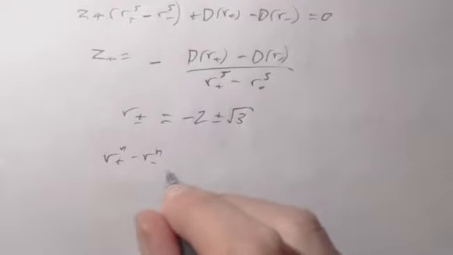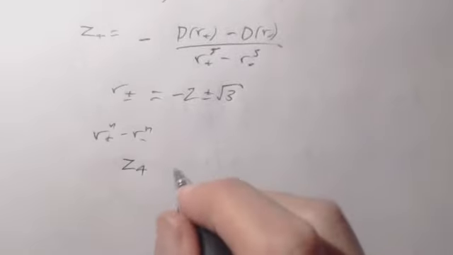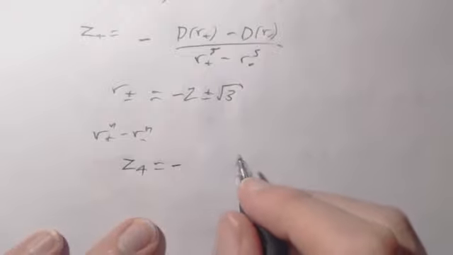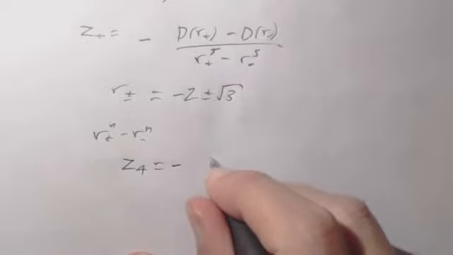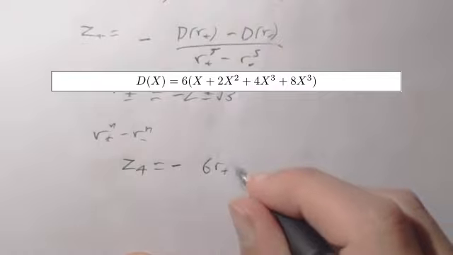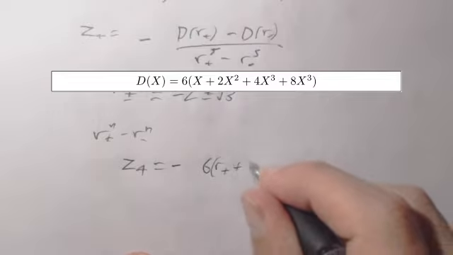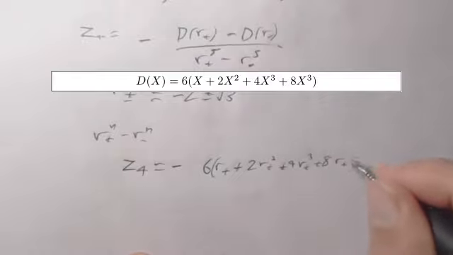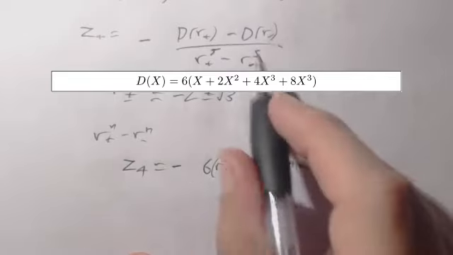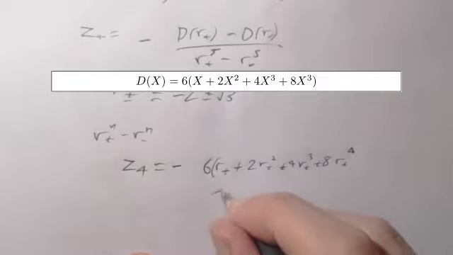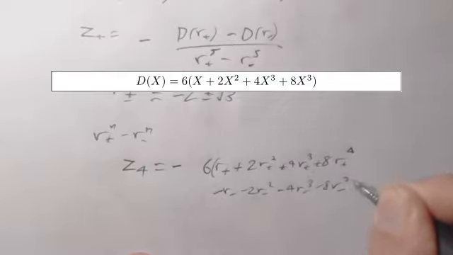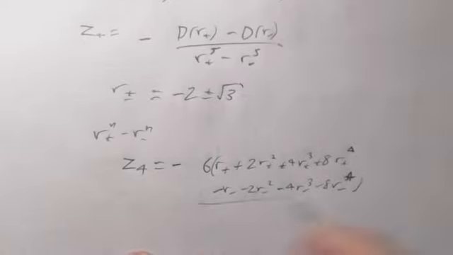So for example, rewriting this out, we have z4 equals minus dr plus, so we're going to have 6r plus 2r plus squared plus 4r plus cubed plus 8r plus to the 4 minus dr minus, so keep the 6 on the outside, minus r minus 2r minus squared minus 4r minus cubed minus 8r minus to the 4, and then we have over r plus to the 5 minus r minus to the 5.